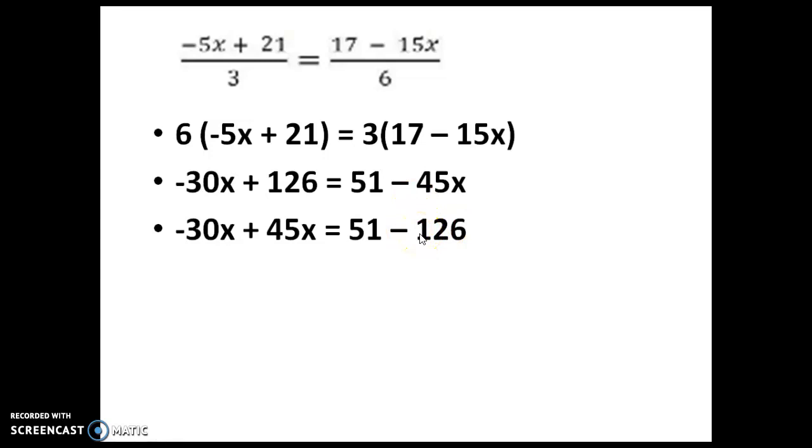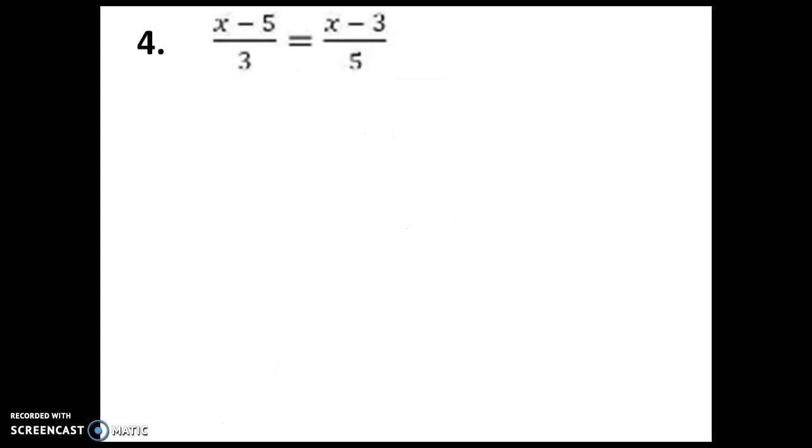Then minus 30x plus 45x is 15x, equal to minus 75. Then the x value is minus 75 by 15, that can be cancelled to minus 5. That's our last answer. Then fourth problem, (x minus 5) by 3 equal to (x minus 3) by 5.